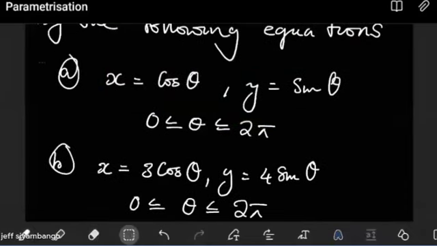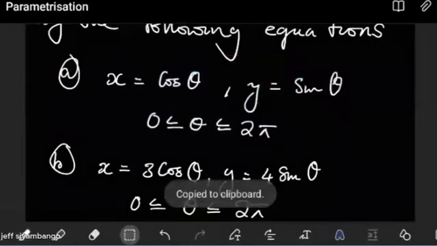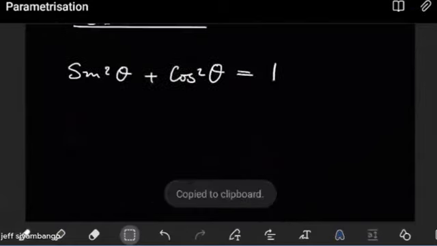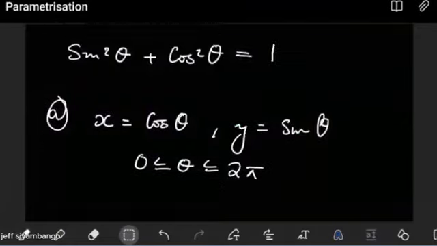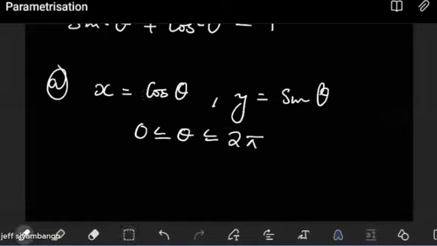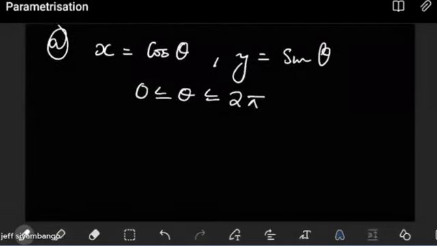Now, how do we use that identity to create the sketch for these parametric equations? To understand the curve represented by these parametric equations, when they are independent like this, it might be difficult for us to picture them, but we want to connect them. How do we connect them?